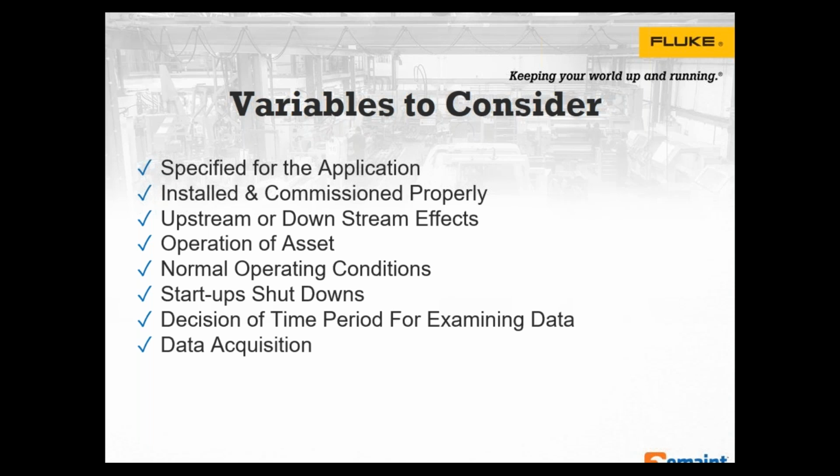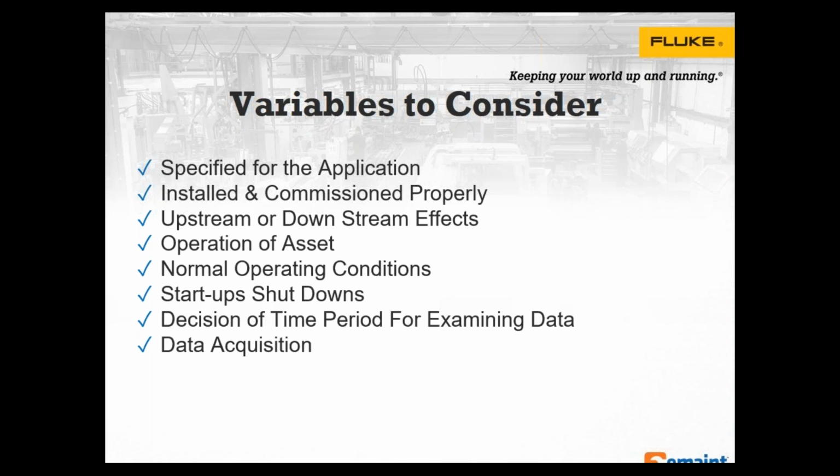All right, another one that I run into many times is what I'm calling data acquisition, but it's really the output of the asset and what's being captured from that asset. This has to do with sample rate, if you're sending this data to the cloud, a DCS system, distributed control system, or a SCADA system.